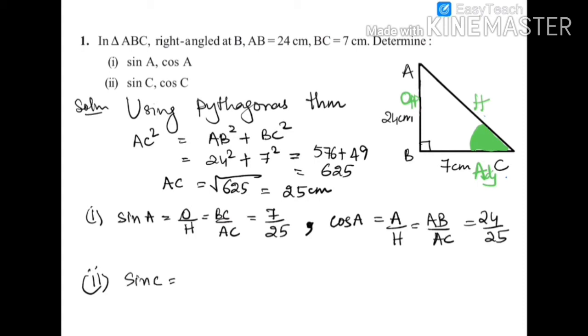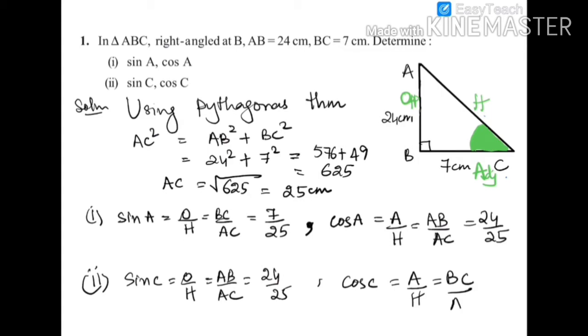So sine C is opposite upon hypotenuse, which is AB upon AC, that will be 24 upon 25, and cos C is adjacent upon hypotenuse, which is BC upon AC, and that is 7 on 25. So notice that sine A is equal to cos C, as they have same answers. Similarly, sine C is equal to cos A.